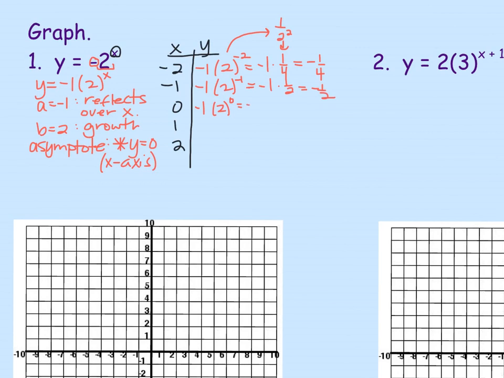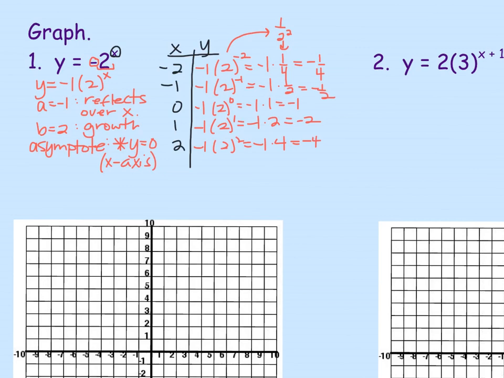So negative 1 times 1 is just negative 1. All right, let's watch what happens as our x values increase. If we plug in positive 1, that would just be negative 1 times 2, which is negative 2. And if we plug in positive 2, 2 squared is 4. Negative 1 times 4 is negative 4. Notice all of our outputs are negative.